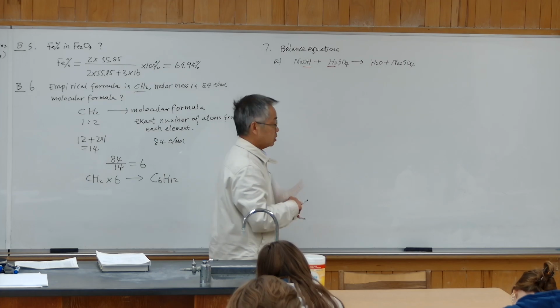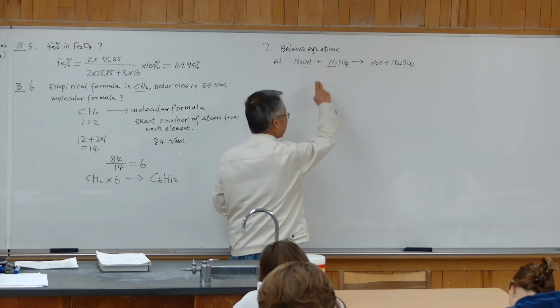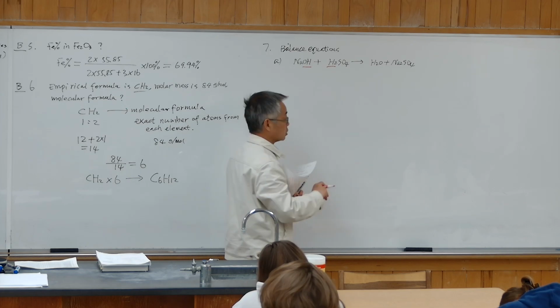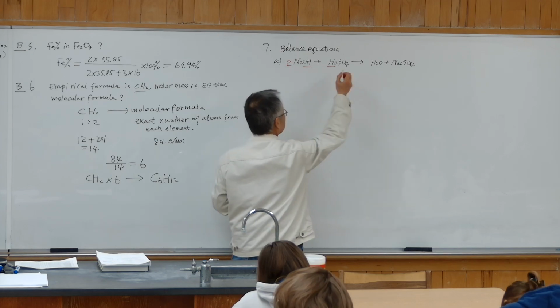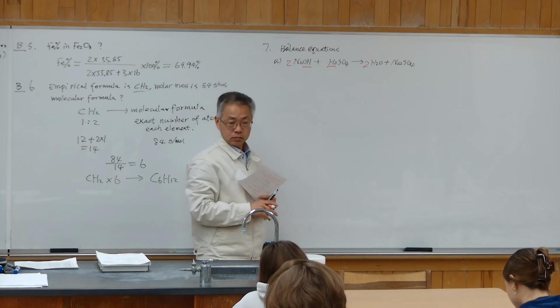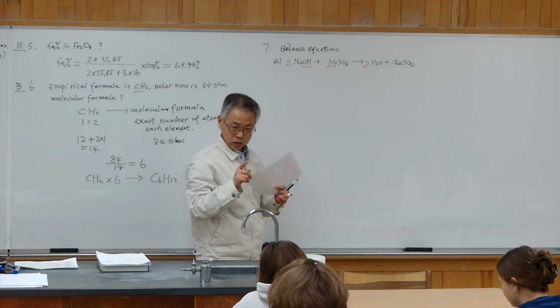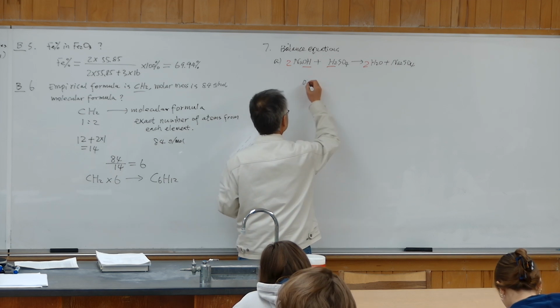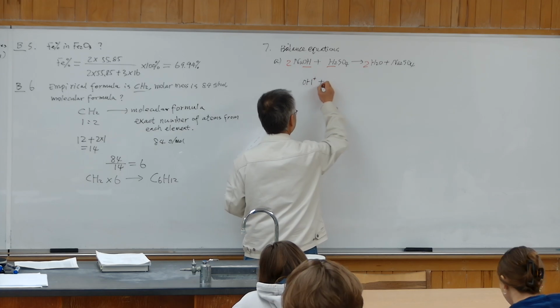Since here we already have two hydrogen ions, then definitely we need two hydroxide ions and produce two water. This is a critical thing for any acid that reacts with a base.